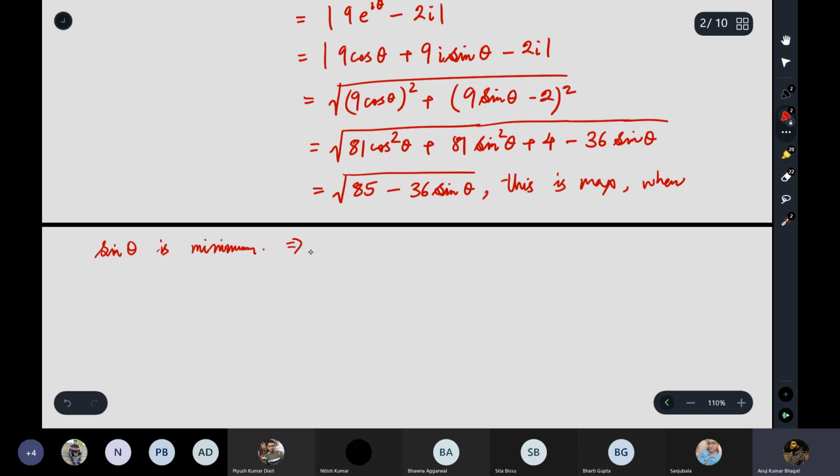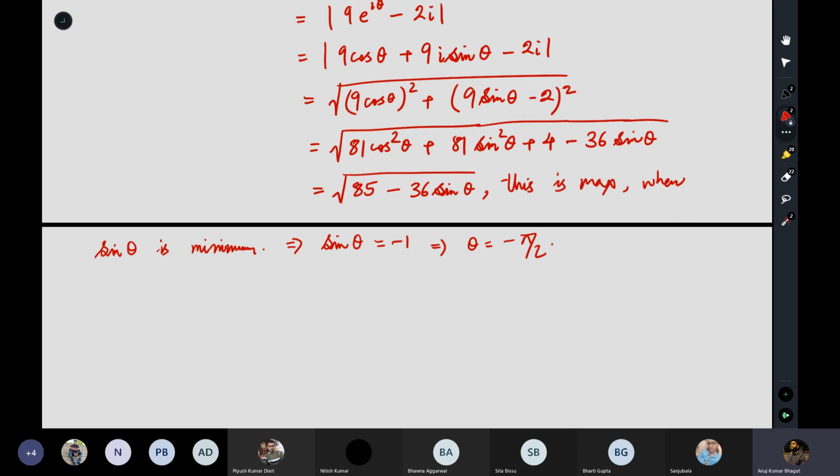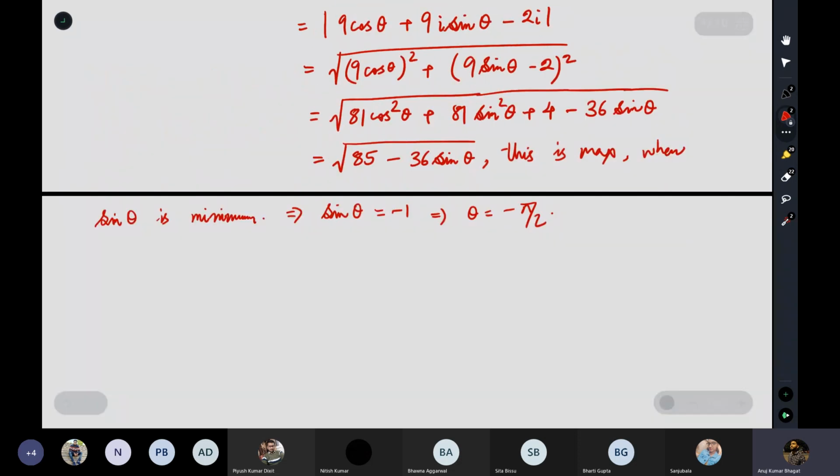So when is sin theta minimum? That is sin theta equals minus 1, at theta equals minus pi by 2. At minus pi by 2, sin theta is minus 1. So what is modulus of f(z)?